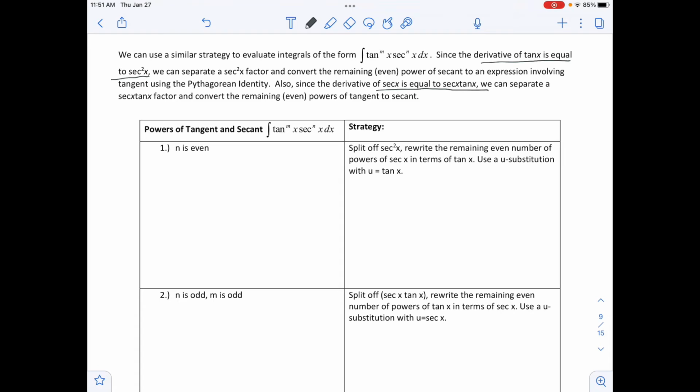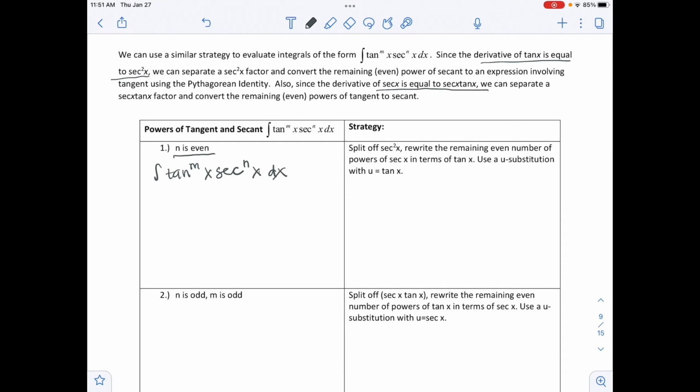So the first case that we're looking at here is powers of tangent and secant. We have tangent to the mth power of x and secant to the nth power of x dx. And for this, we're going to say our n is even. So we have the integral of tangent m of x secant n of x dx.